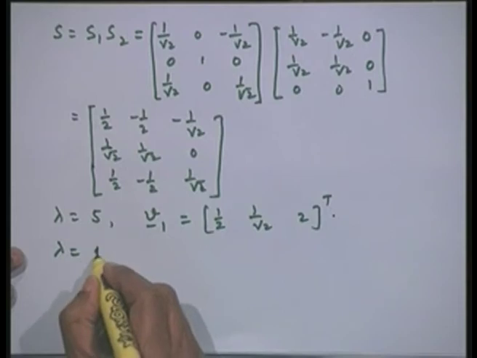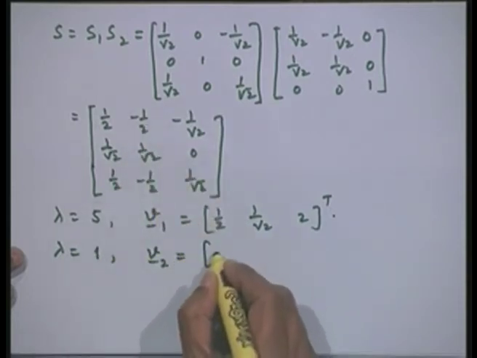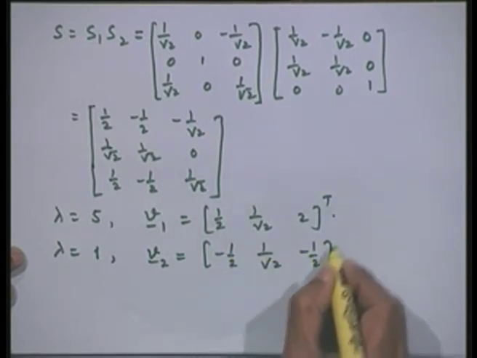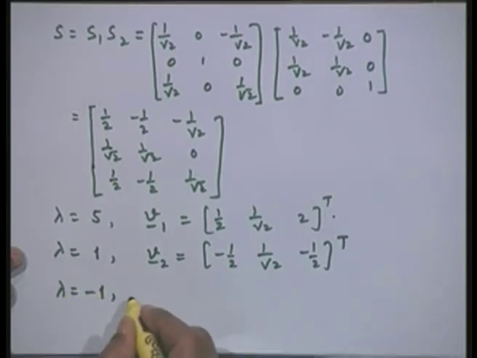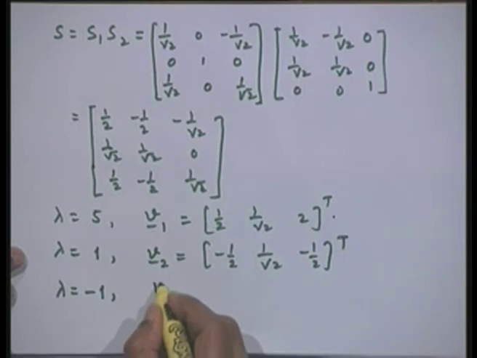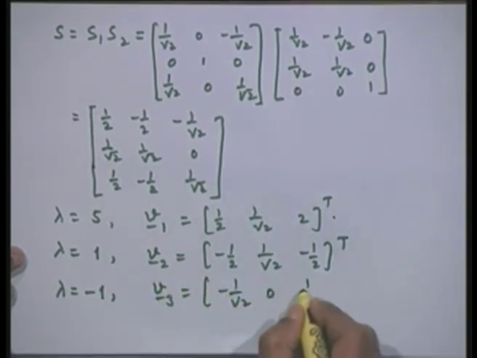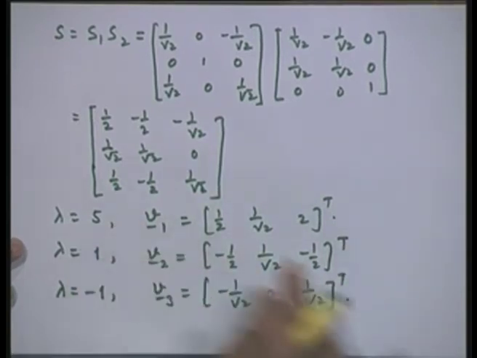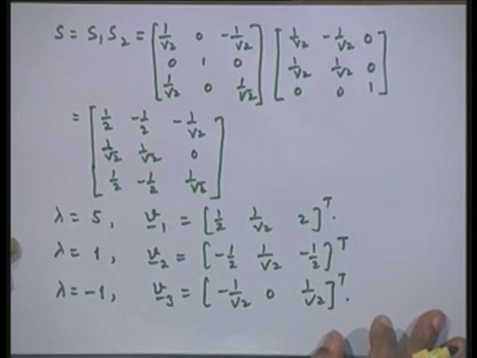The second eigenvalue was 1, therefore, the second column, V2, is equal to minus 1 upon 2, 1 upon root 2, minus 1 upon root 2 as the eigenvector, and for the third eigenvalue minus 1, the third column here, V3 is minus 1 upon root 2, 0, 1 upon root 2. Therefore, these are the corresponding eigenvectors and the eigenvalues are located on the diagonal.